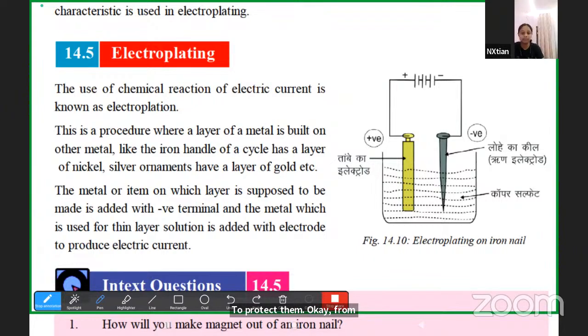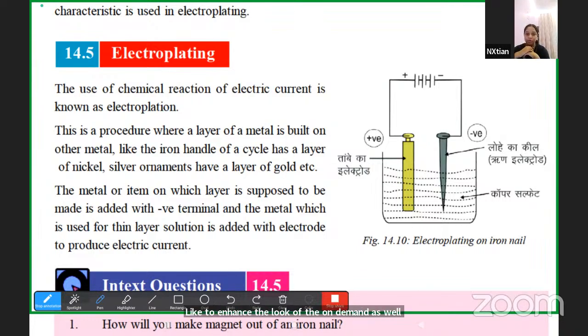But why does a silver ornament have a layer of gold to protect it? Why doesn't it have any other metal plating? Gold plating is mostly to enhance the look of the ornament as well.